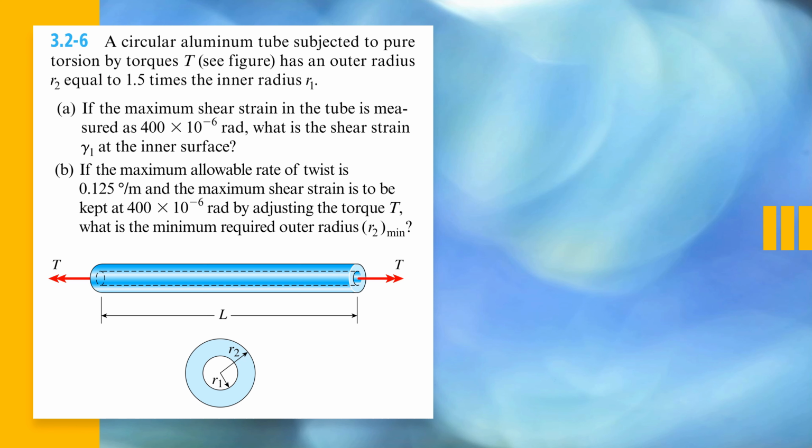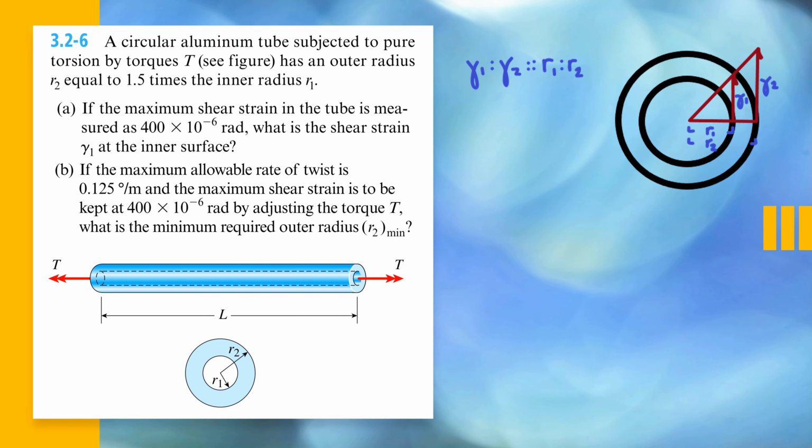So it's given us a relationship between two radii and a shear strain, and then wants the other shear strain. Conveniently, due to the relationship between strains and radii, we can make a similarity approach.